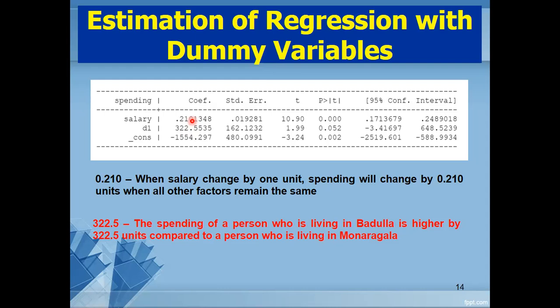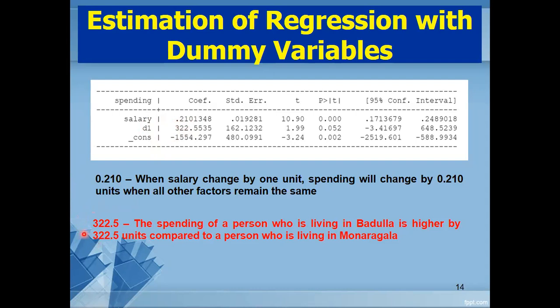Take this point very clearly when you define the coefficient of a dummy variable. Since this coefficient is positive, it indicates that the spending of the considered group, that's Badulla, is higher than the base category, Monragala.